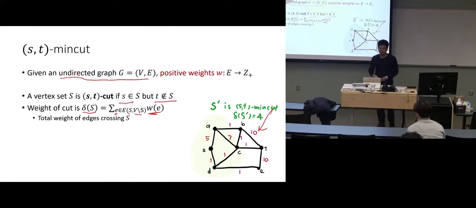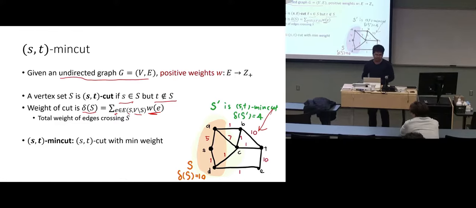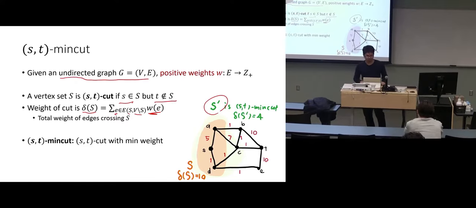Here the weight is 4, and this one the weight is 10 because this is 1, 7, 1, 1. Okay. So that's the definition, and ST min cut is just an ST cut with minimum weight. For example, this green cut actually is a min cut. There is no other cut that has weight less than 4. Make sense?